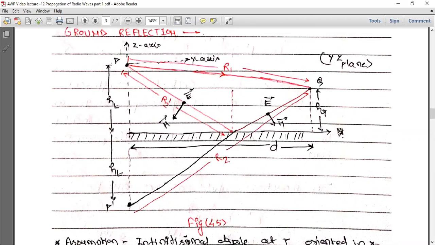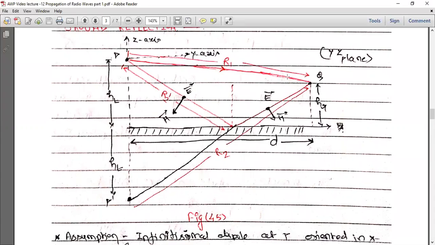And what is this small distance here? This small distance will be ht minus hr. So this distance is ht minus hr, which is the perpendicular in this particular triangle. This distance is d, and this distance is r1.